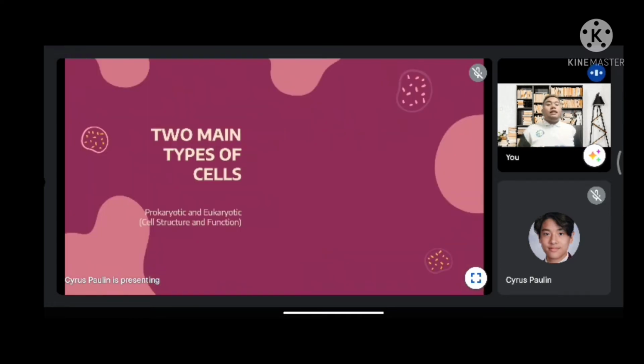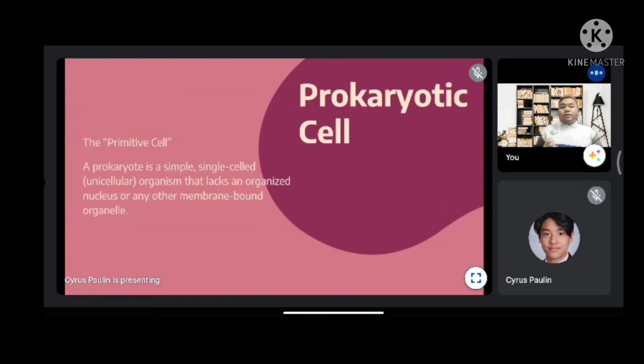And we have the two main types of cells. First is the prokaryotic cell, which we all know as the primitive cell. A prokaryote is a simple single cell or unicellular organism that lacks an organized nucleus or any membrane-bound organelle.